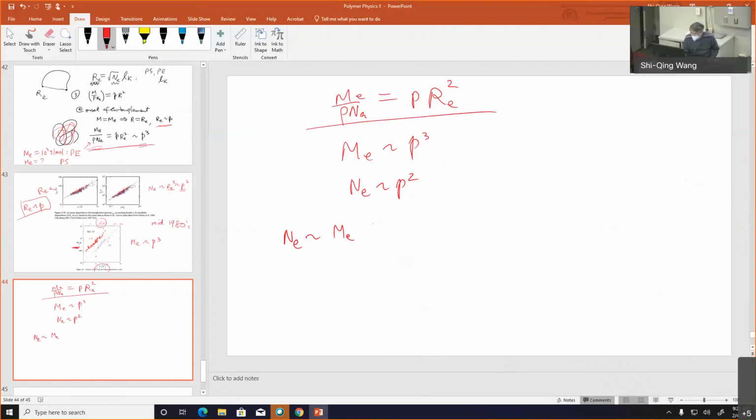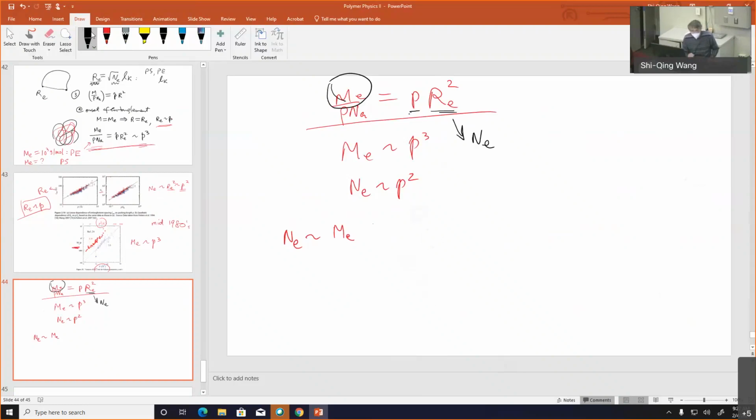I said your physical volume, which of course is directly proportional to the molecular weight, should be linear in chain length by definition.